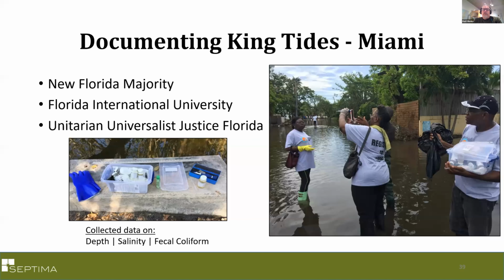So we hooked up with the Florida International University, who is already doing water testing on these king tides, and a couple other local groups. But one thing they weren't doing was mapping the point that they took the sample from. So we added that, but they already had these test kits right here with different tools for collecting salinity and fecal coliform of the water.